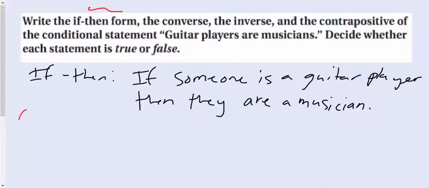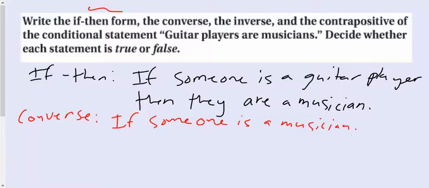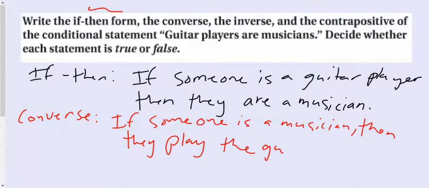So converse here: if someone is a musician, then they play the guitar. And that, of course, is false. They don't need to play the guitar.